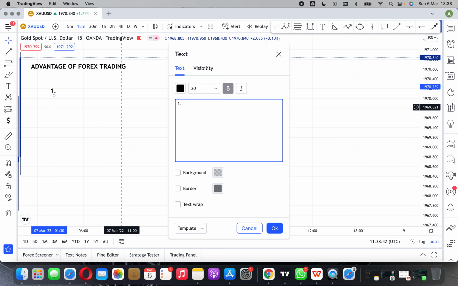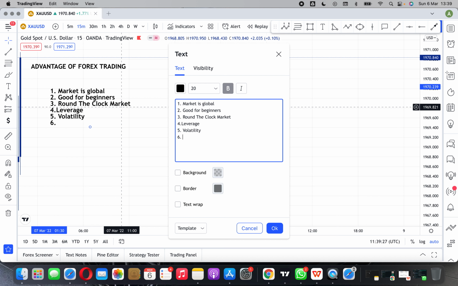Number one, market is global. Number two, good for beginners. Number three, round the clock market. Number four, leverage. Number five, volatility.